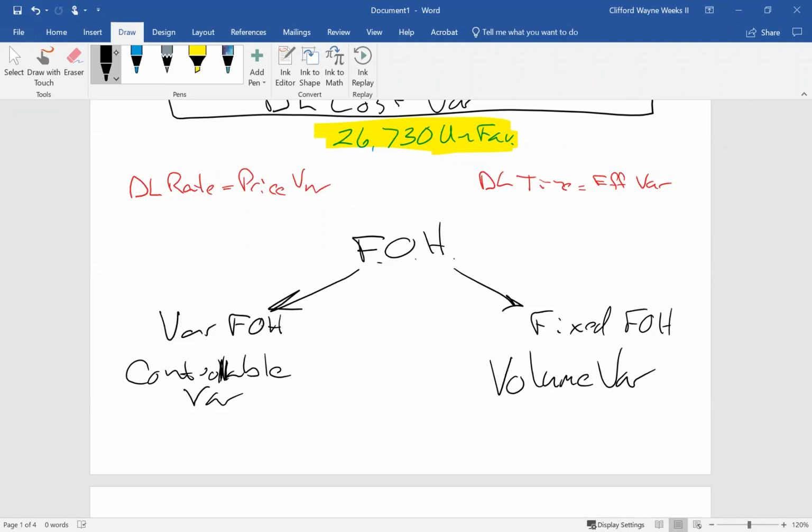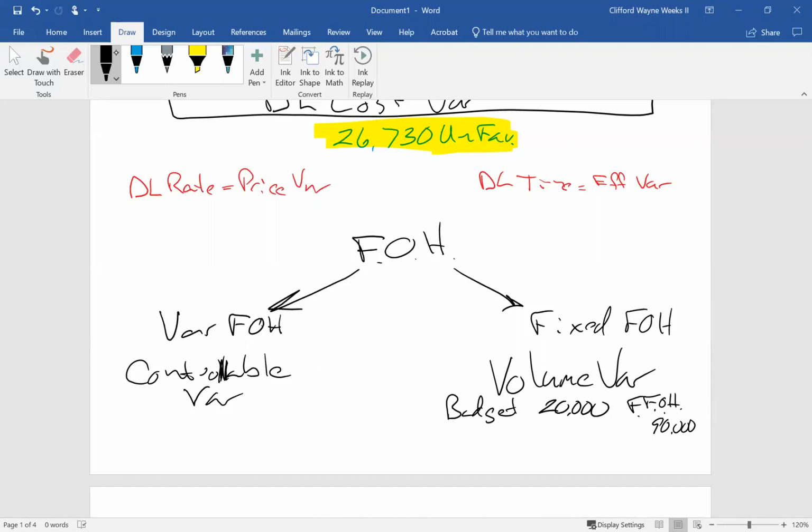And why this is the volume variance is, in our scenario, we had done 15,000 units. But let's say that we actually budgeted 20,000 units. Let's say that we had fixed factory overhead of, I don't know, $90,000.